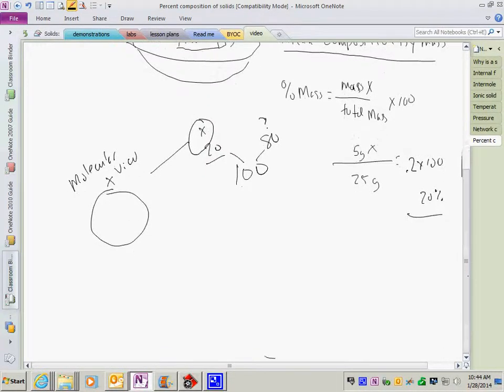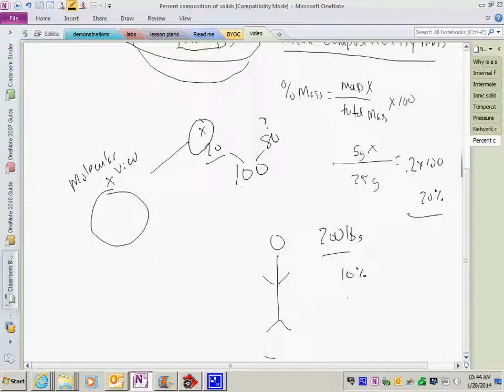Another example of this might be a human body. Percent composition by mass is a pretty common way of measuring your body. Let's say a person weighs 200 pounds, and let's say this person is 10% body fat.